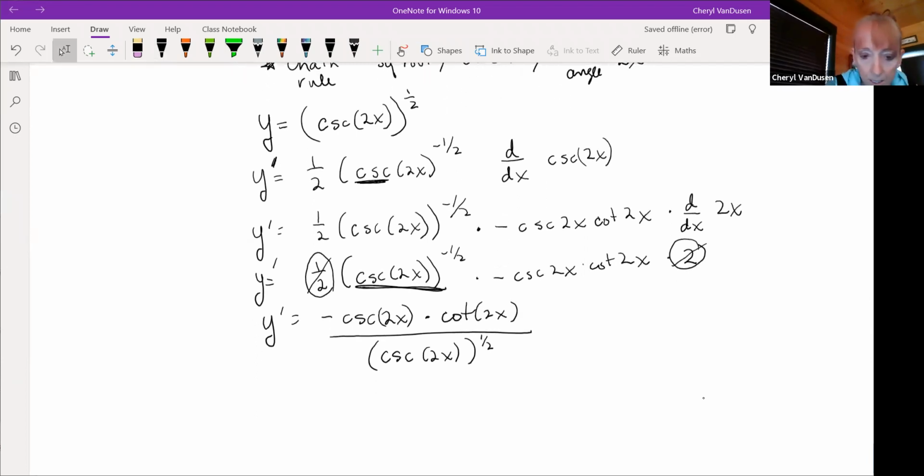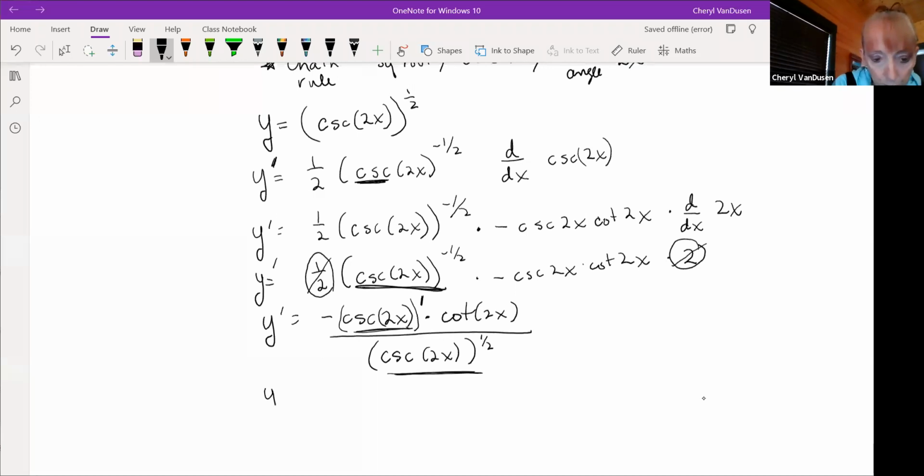Now look at this. This has an exponent. If I was to put this in brackets, this would be an exponent of 1, right? These are identical terms with different exponents. So what we could do is we could subtract the exponents. Okay, so we get 1, take away a 1/2 is a 1/2.